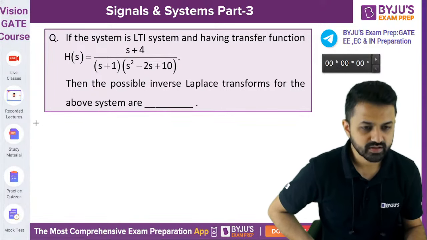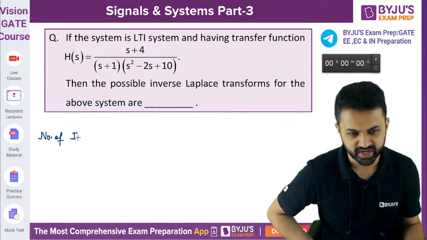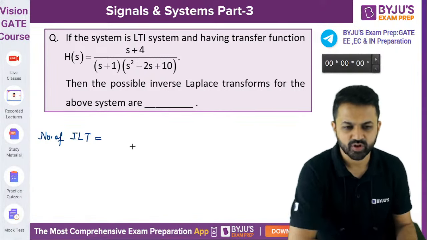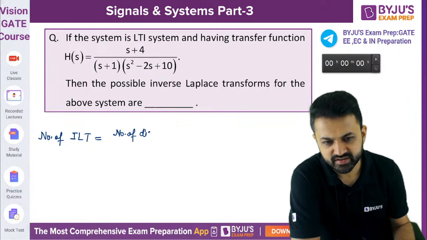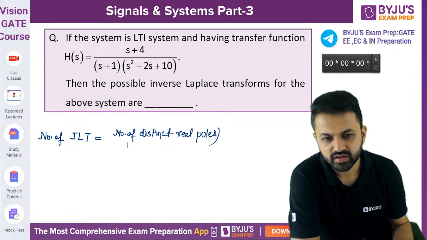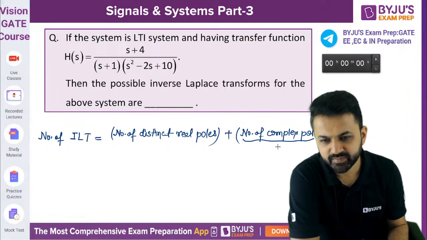No answers? See, number of inverse Laplace transforms you can directly calculate by formula. Number of distinct real poles plus number of complex poles divided by 2 plus 1.